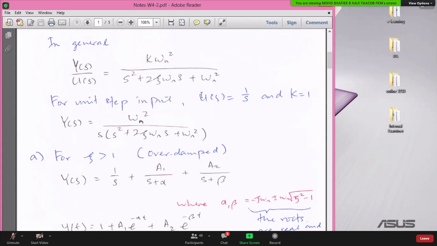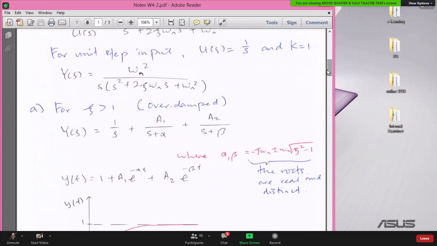That is why we categorize control systems according to order, regardless of whether it is a translational system, a rotational system, or whatever system. As long as you obtain the gain k, zeta, and omega n, you already have the system response.